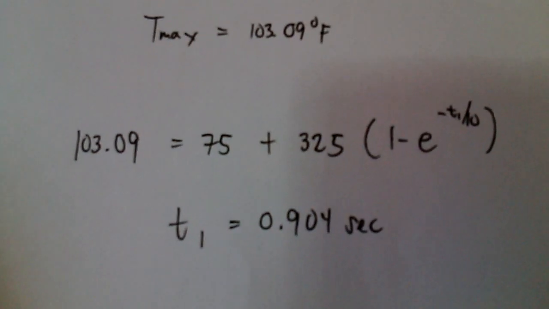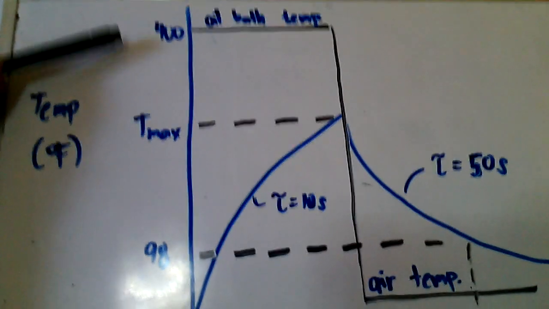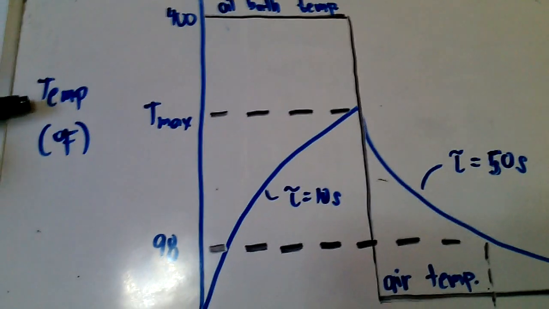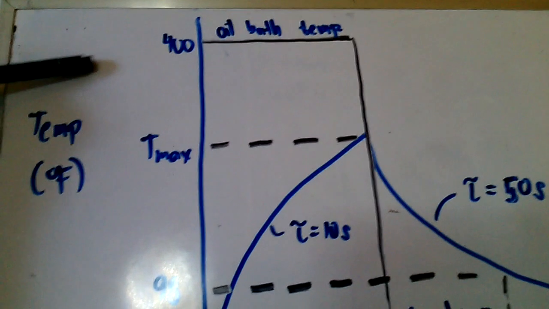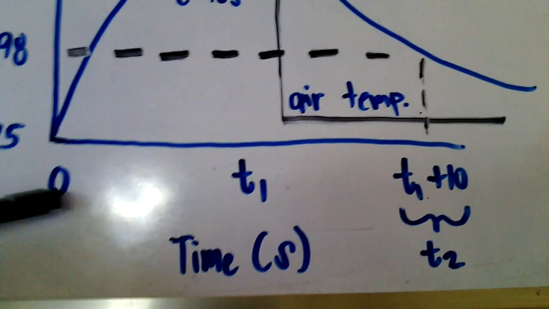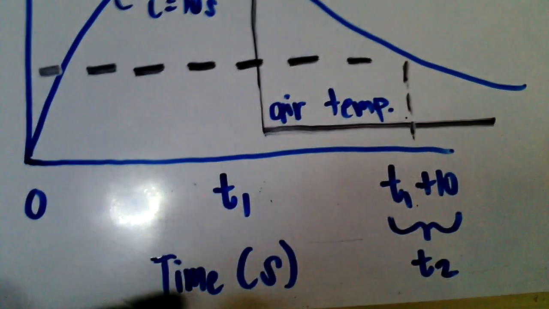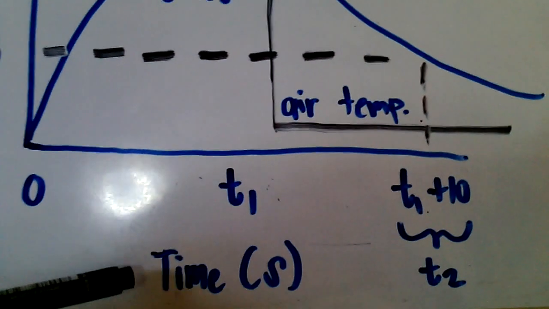So to further understand the problem, let's have a graph. First, as you can see, on the y-axis we have temperature in degrees Fahrenheit: 400, Tmax, 98, and 75. Then on the x-axis we have 0, T1, and T1 plus 10, which is T2, at time in seconds.